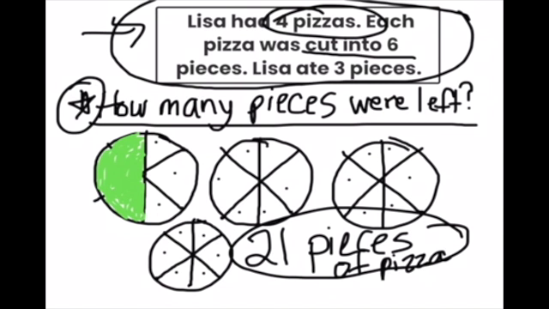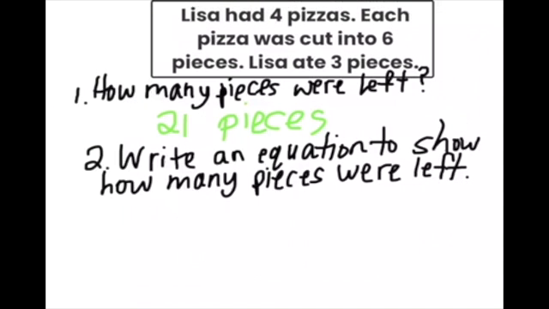So for the next part of the problem, a very important part too, we're going to challenge ourselves and go a step further and write how we could figure this out with an equation, and how we could get 21 with an equation. For the last part of this question, I need to write an equation to show how many pieces were left. We already know the answer. It is 21. So that will be part of my equation, equals 21.